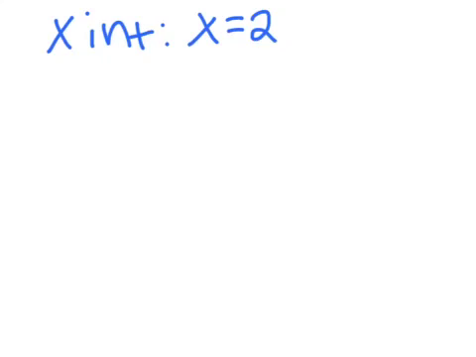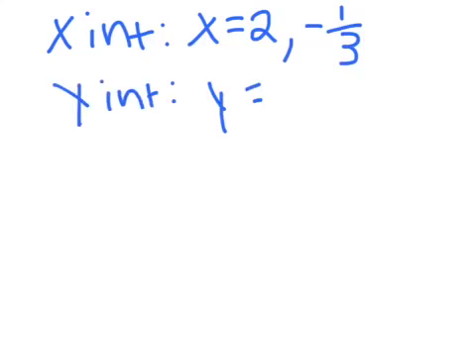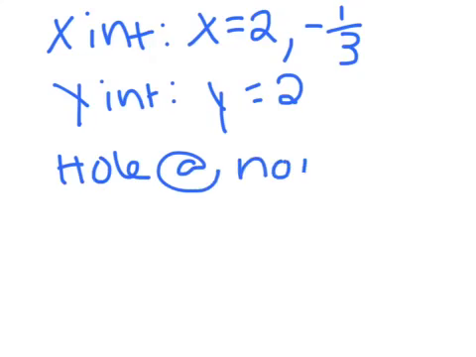When you compile this information, you have x-intercepts at x equals 2 and x equals negative 1/3. You have a y-intercept at y equals 2. You have no holes.